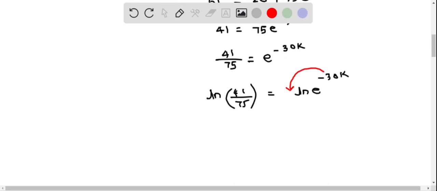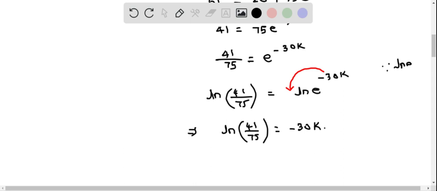So the next step, I can write this equation as ln of 41 over 75 equals negative 30k times ln of e. Remember that ln of e equals 1. So this becomes negative 30k times 1, which is just negative 30k.